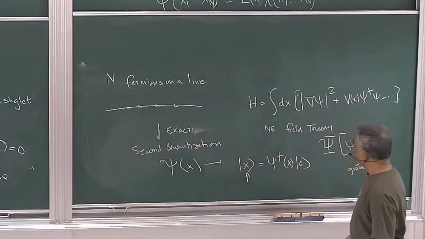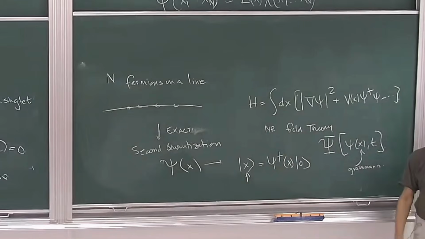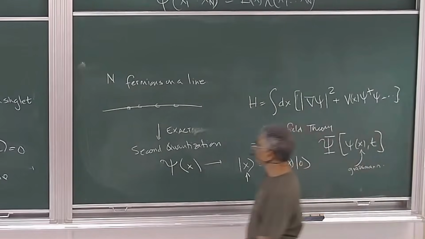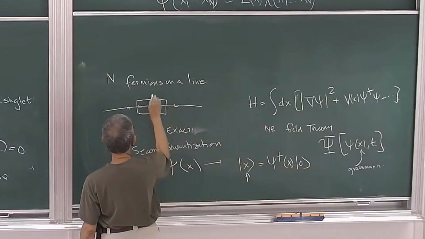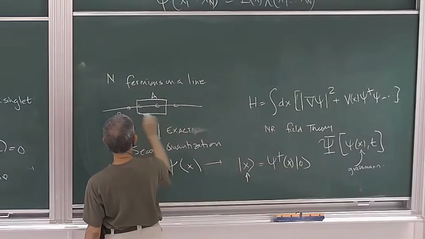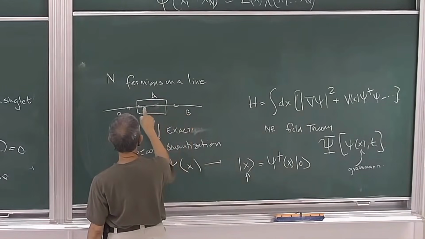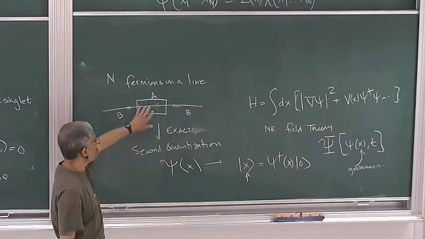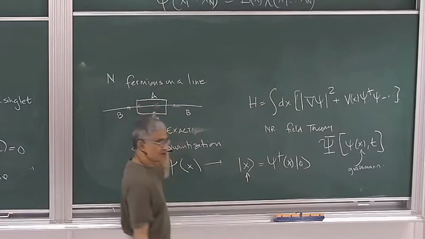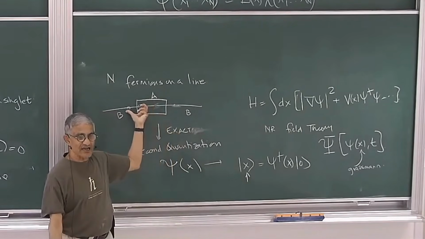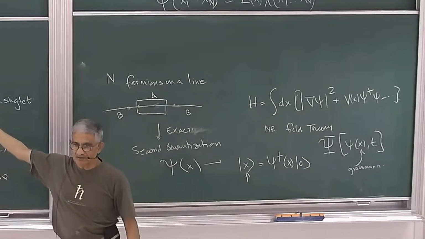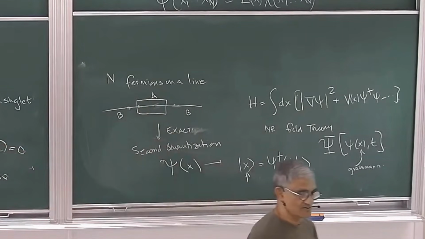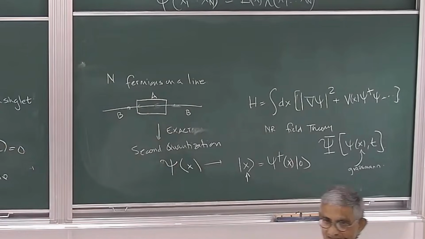Okay. So if you have a field theory like this, you might think that we know how to talk about entanglement. You take a region here, call it A, the rest is B. Forget about these fermions. Now we are doing field theory. If I have observables which are made out of the fermion fields only in the region A, just like what we did in relativistic field theory, I should be able to define a reduced density matrix.